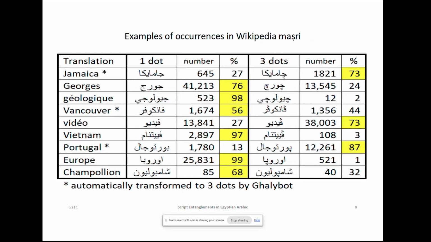Observation of the actual practices of contributors to Wikipedia Mastery shows that, apart from the replacements made by RaliBot, the use of Persian-derived graphs often remains in the minority. You have the majority is with 1 dot.